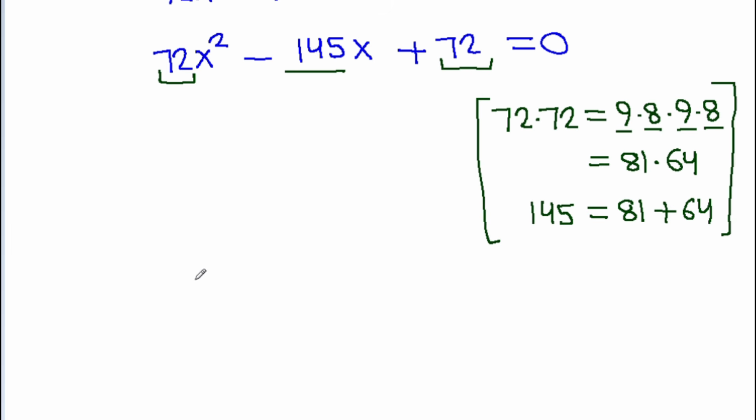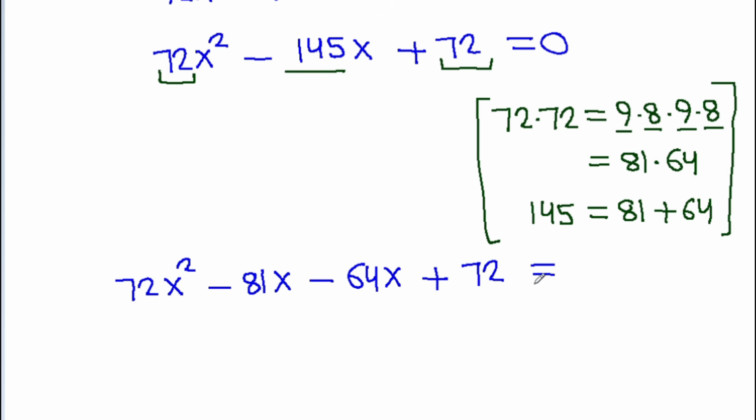So we have 72x squared and minus 145x is minus 81x minus 64x plus 72 is 0. And here we can take 9x common, and it is 8x minus 9.